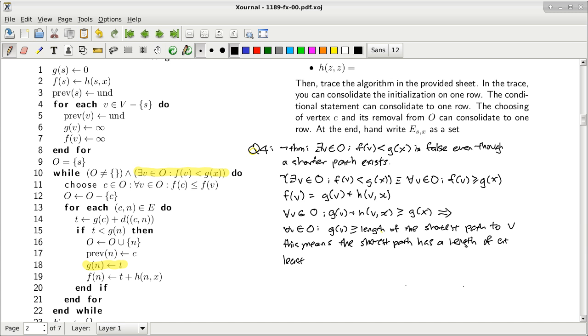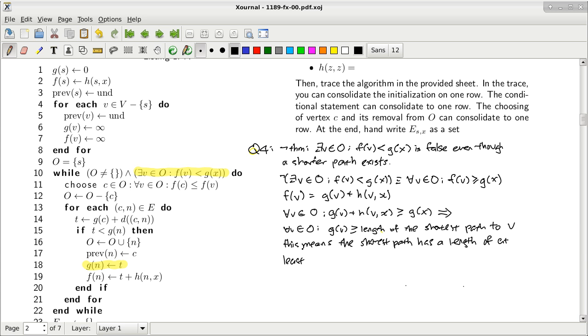So in order for anything to be updated to have a lower g value, we need to look at line 18.